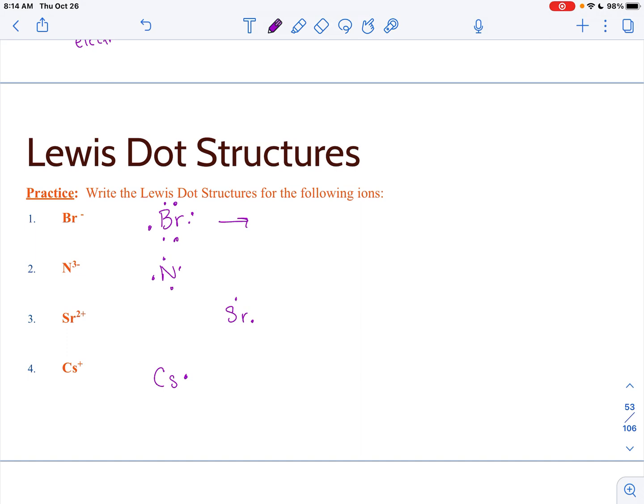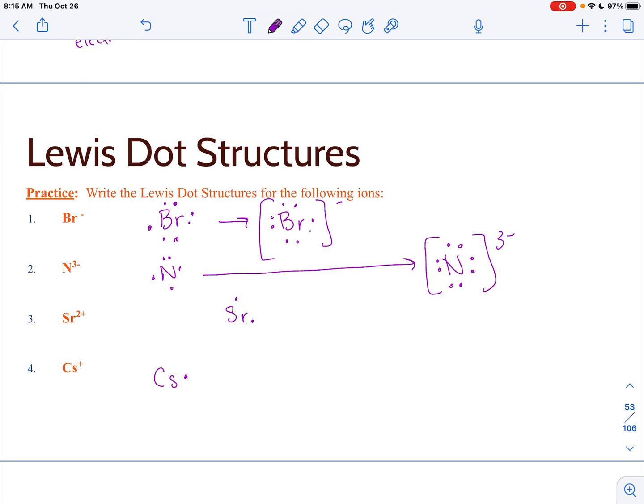So for Br, we started with 7 and we added 1. For N, we start with 5, and we're going to add 3 because of that 3 minus.